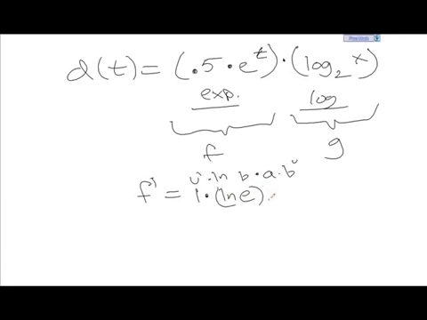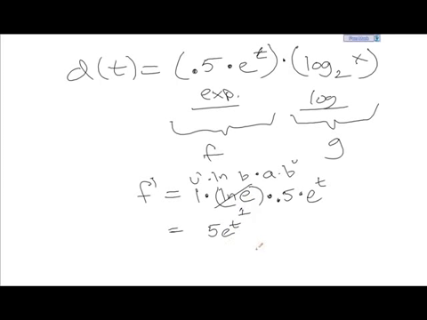We know that the ln of e is 1, times a, which is 0.5, times b, which is e, raised to the u power, which is t. So there's my f prime. And I'm going to simplify that because I know this becomes 1. And so this can be made to look very simple: 0.5 times e to the t.